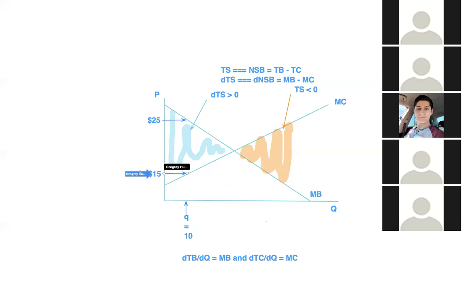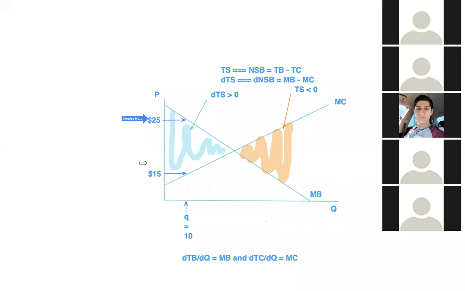So we've got a seller that has a cost of producing that 10th unit, which is $15, and a buyer that has a value for that 10th unit, which is 25.